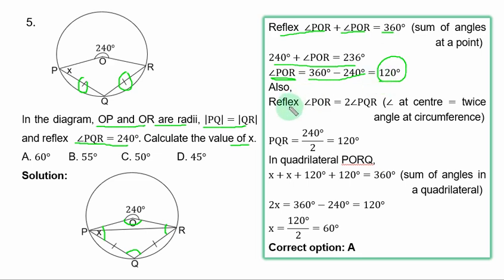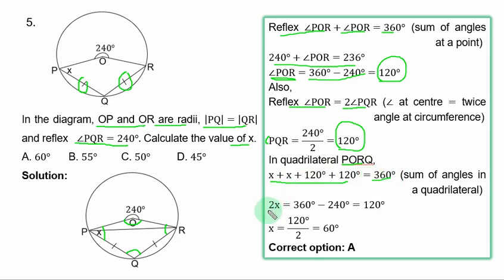Now, the same reflex angle POR is equal to 2 times angle PQR. Angle at center is twice angle at circumference. If you divide the reflex angle by 2, you get angle PQR to be 120 degrees. Now, in quadrilateral PORQ, if you add the four angles, the sum is 360 degrees.